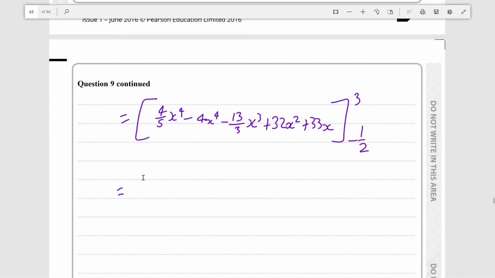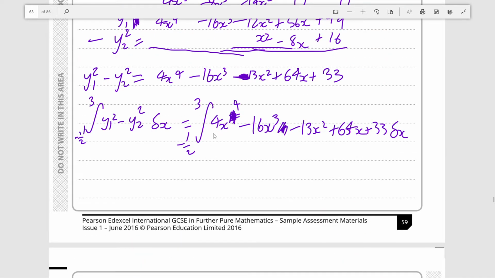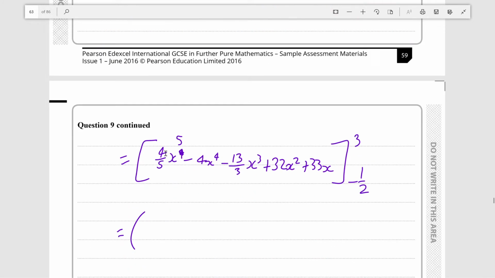So this is equal to, first let's calculate what it is for 3. So this is not x to the power of 4, this is x to the power of 5, my bad, because 4 times x to the power of 4, you integrate that and you'll get 4 over 5 times x to the power of 5.